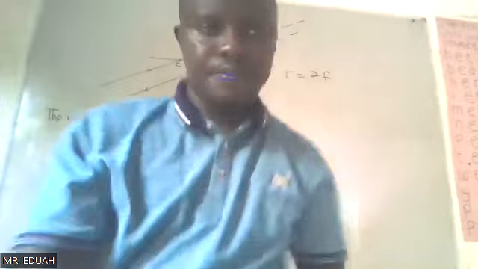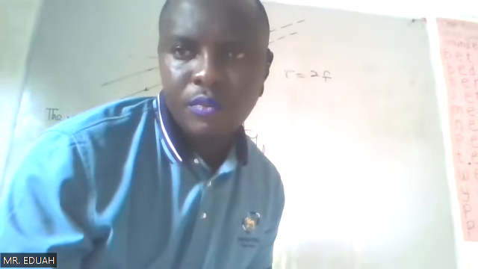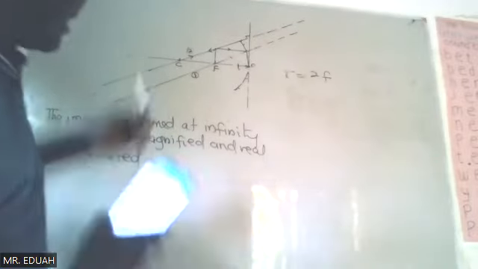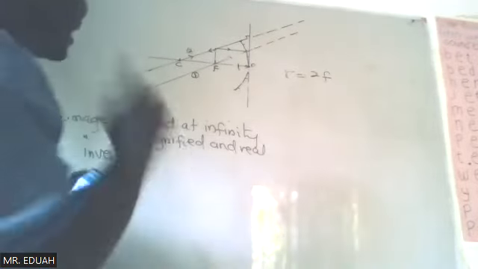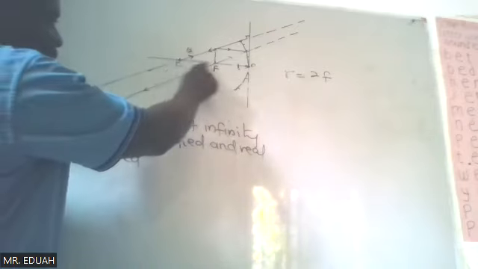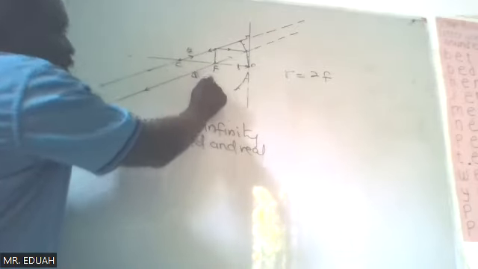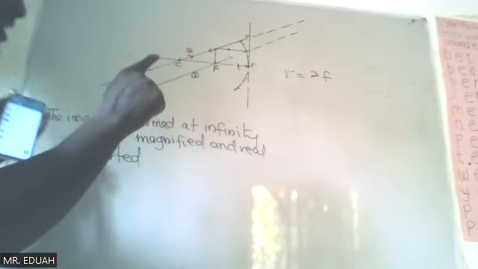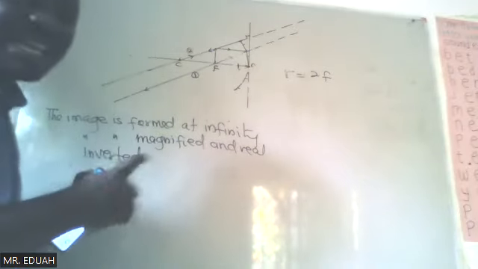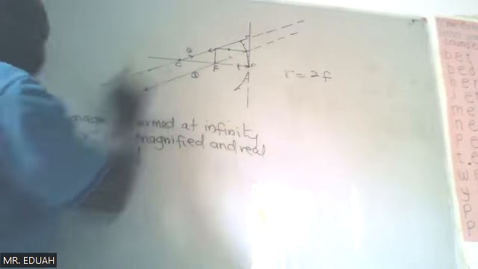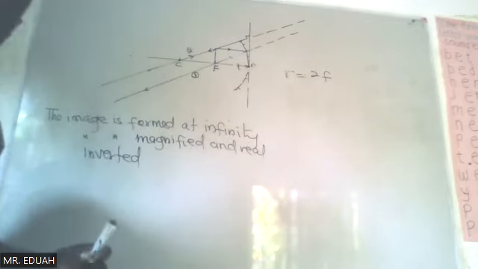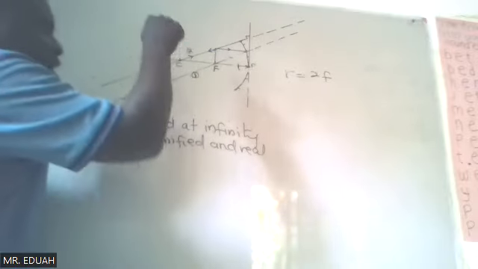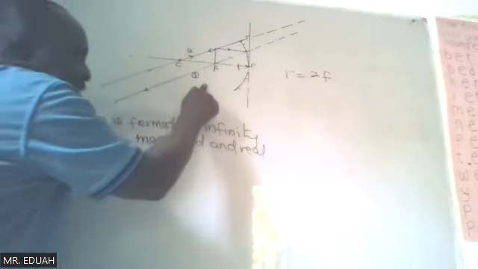All right, so any position of the object between C and F will have a real, inverted, and magnified image.